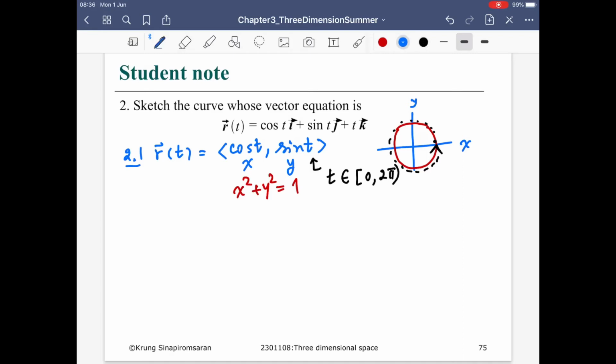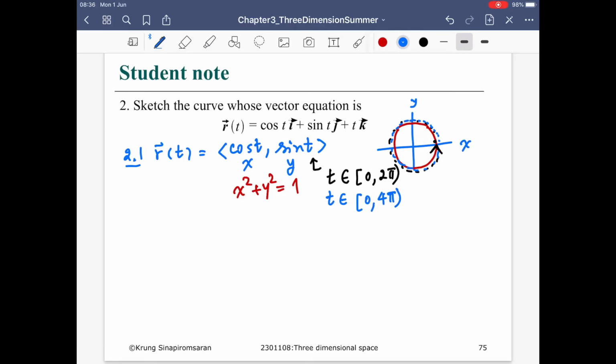Actually, your t can be any other range. For example, it can be 0 to 4 pi. So what does this mean? It's going to travel along this circle twice. Still, all the trajectory looks like this red circle, but you do it twice.